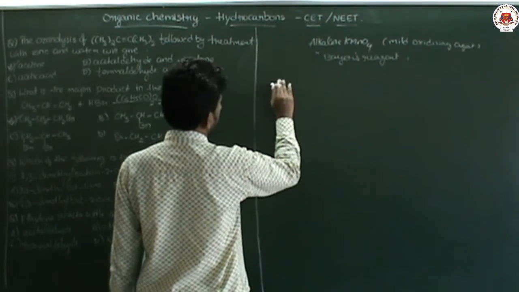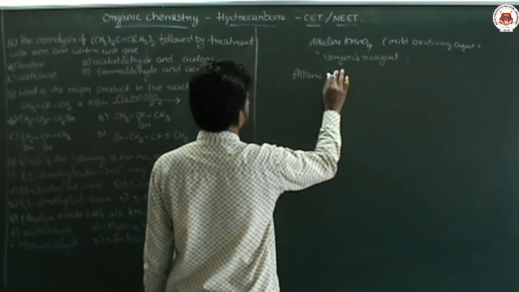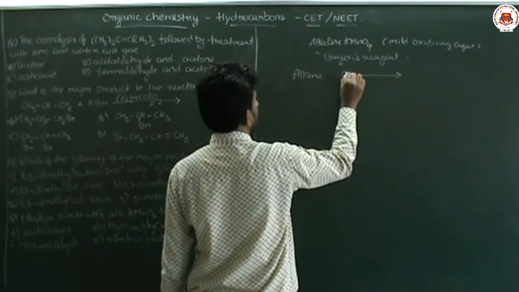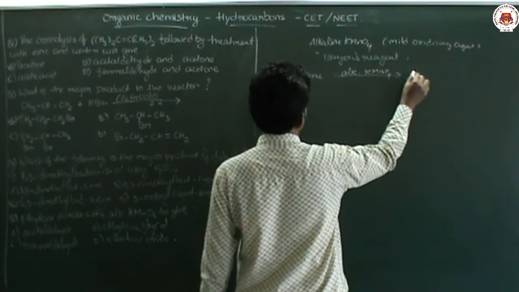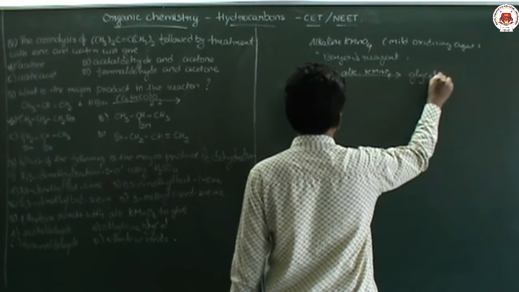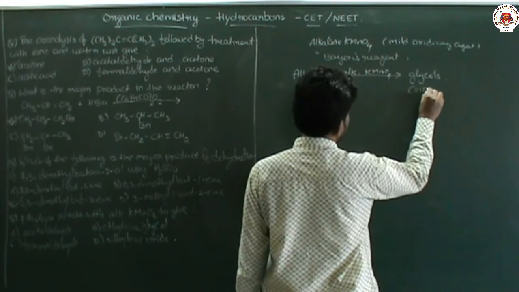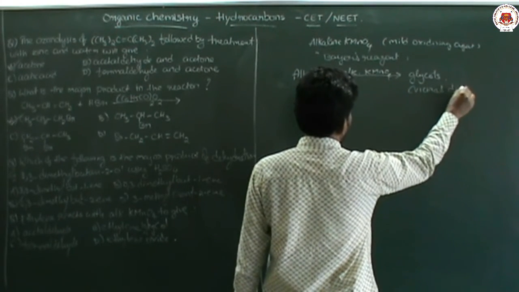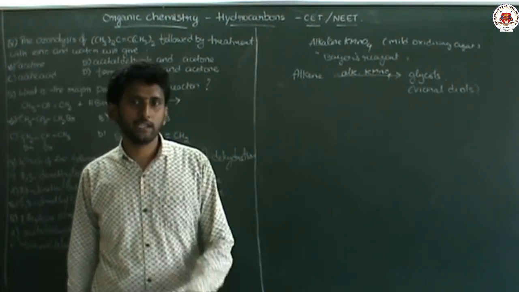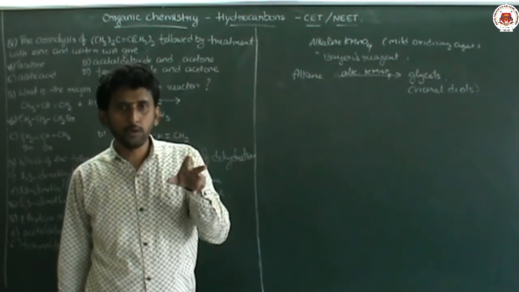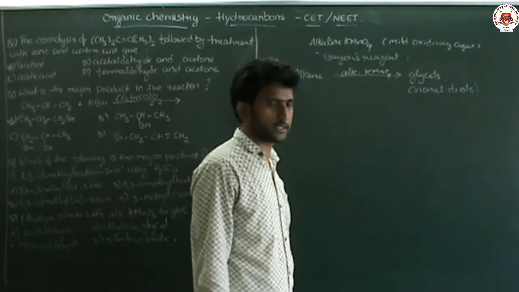Any alkene, if it undergoes oxidation with alkaline KMnO4 or Baeyer's reagent, forms glycols. What are glycols? Glycols means vicinal diols. What are vicinal diols? If in any organic compound two OH groups are present on adjacent carbons, that is called vicinal diols.